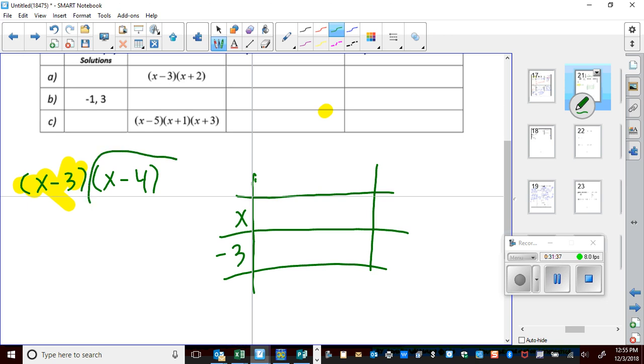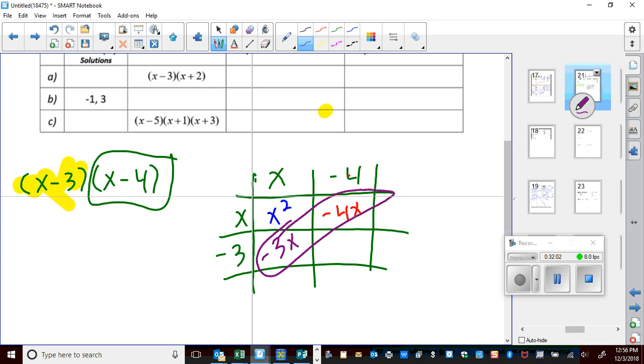The second part is going to go at the top, x and negative 4. When you're multiplying x times x, you get x squared. Negative 4 times x, negative 4x. Negative 3 times x, negative 3x. We're going to combine these terms. And then, for the last term, negative 3 times negative 4 is positive 12.